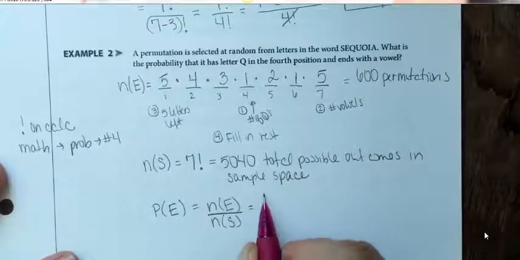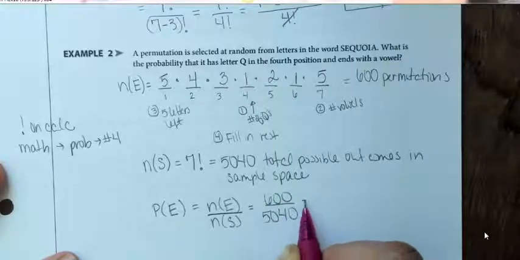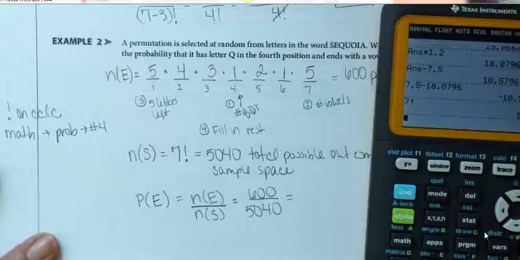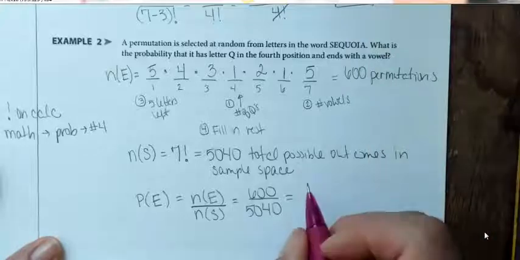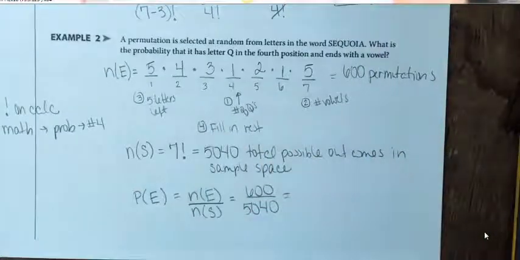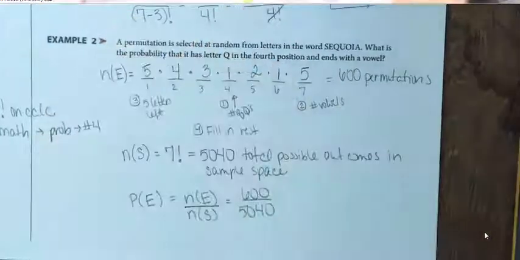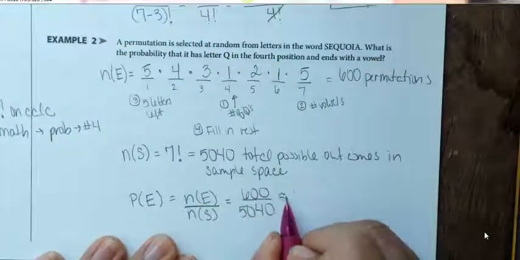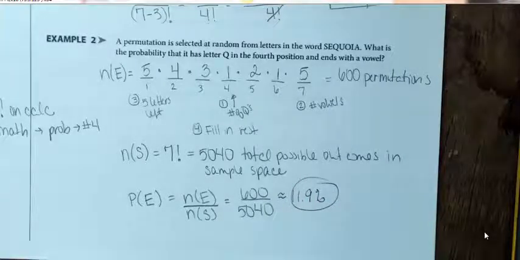Okay, so I'm going to have 600 over 5,040. And when you do that calculation, you get 11.9%. I'll put an approximation there. That's your final answer.